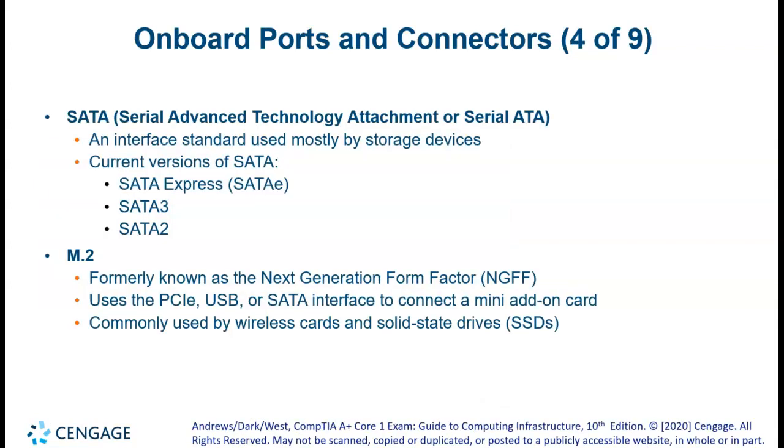SATA, Serial Advanced Technology Attachment, or Serial ATA, is an interface standard used mostly by storage devices. Current versions of SATA are SATA Express, SATA 3, and SATA 2. M.2, formerly known as Next Generation Form Factor, uses the PCIe, USB, or SATA interface to connect a mini add-on card, commonly used by wireless cards and solid-state drives.